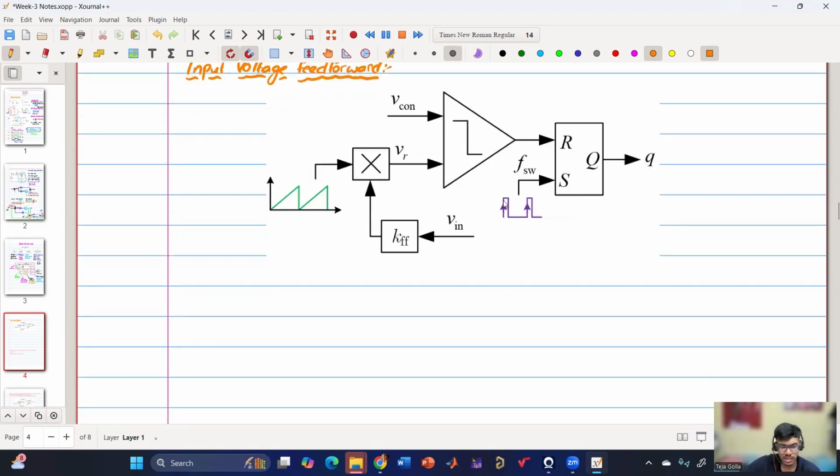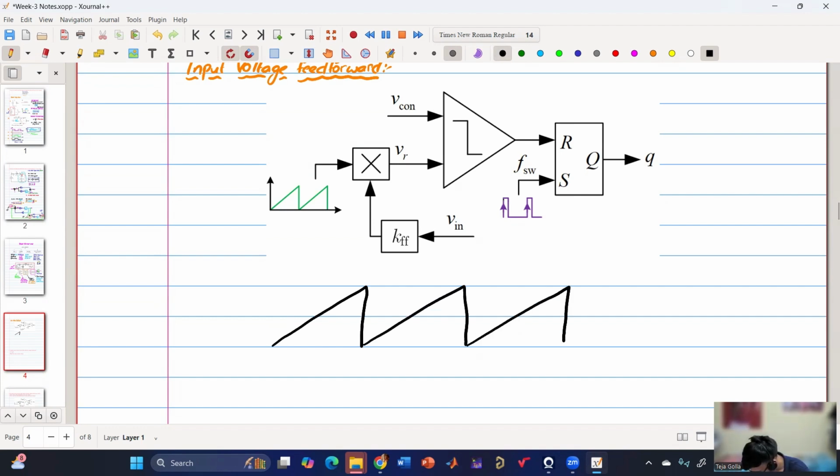So in the last week, we have studied the trailing edge modulation, where we have a ramp signal, and then we have a control voltage that is being compared. So this is my Vcon, and this is my ramp voltage with the maximum value Vm.